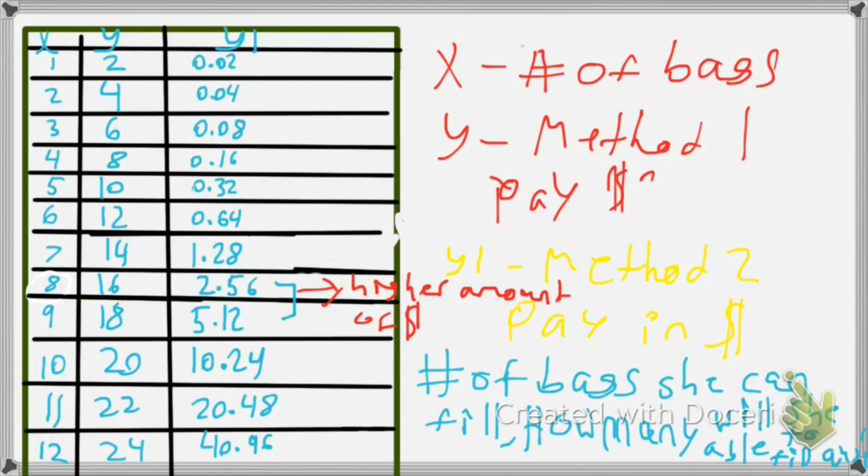This is basically giving around $3 per bag. And then from 9 to 10 bags, it's giving a bigger profit of $5. From 10 to 11 bags, it's giving $10. And then from 11 to 12, it's giving $20.